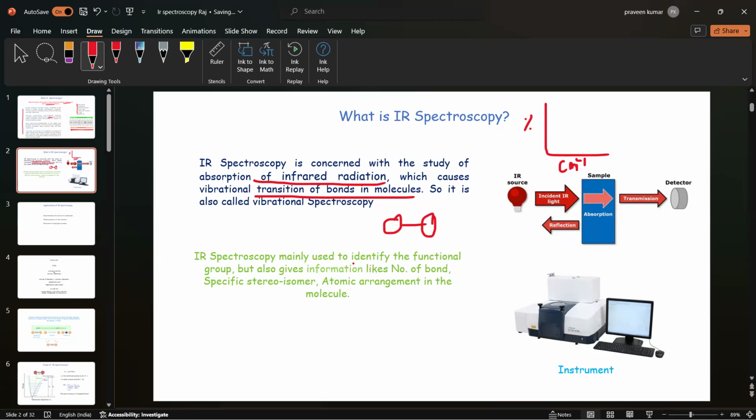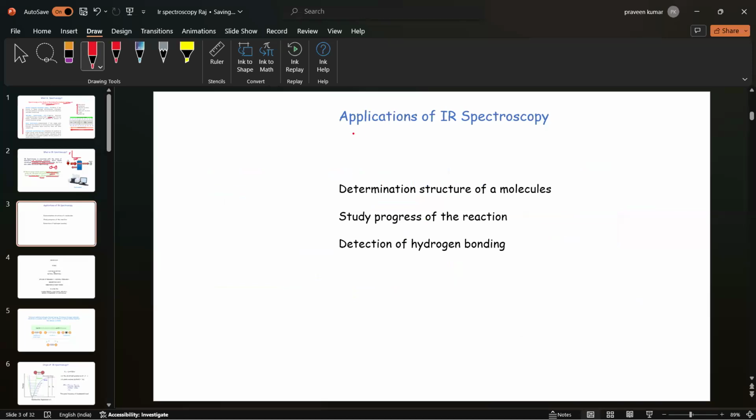IR spectroscopy, as I mentioned earlier, is mainly used to identify the functional group, but it also gives an idea about the number of bonds, specific stereoisomer, and atomic arrangement in the molecule. All this information is provided by IR spectroscopy. These are the three broad applications of IR: detection of hydrogen bonding, studying the progress of the reaction, and determining the structure of the molecule.